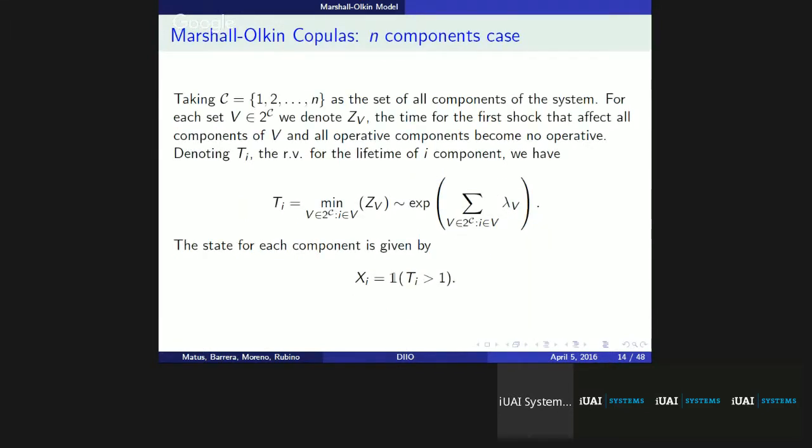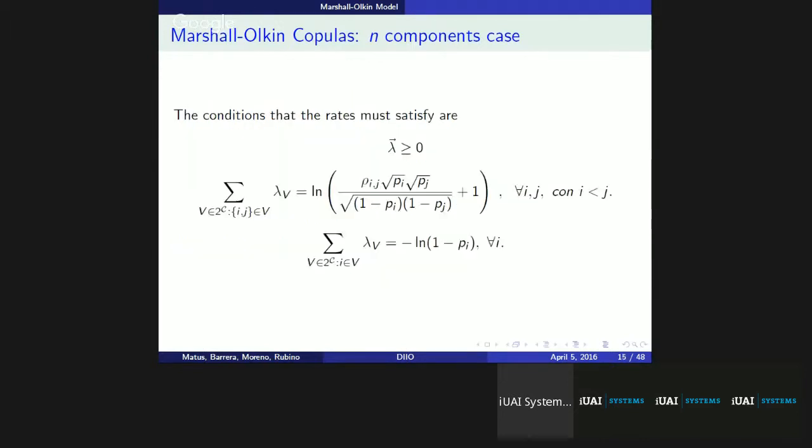I'm going to take all the possible subsets in the system, and for each subset, I'm going to define a shock that affects all the components of the subset. In this case, when a shock affects a subset, all the components in the subset change their state to non-operative. And in a similar way, I'm going to obtain that system of equations, that restriction here.